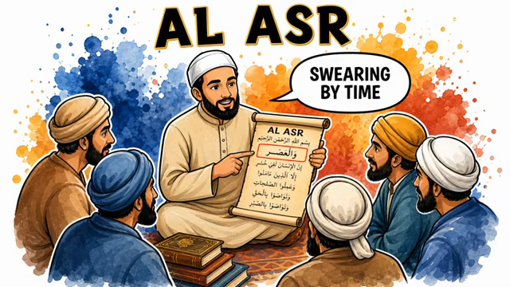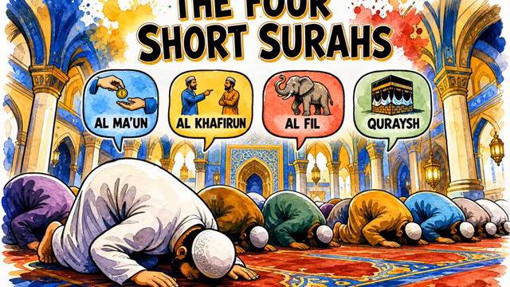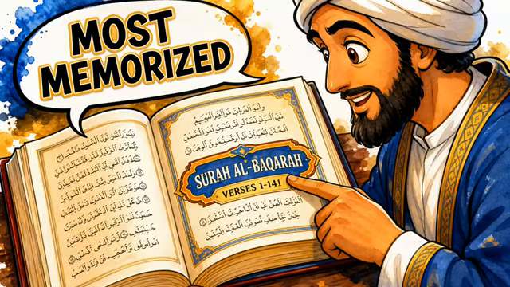Al-Falaq and An-Nas, the 2 chapters of refuge, recited every night for protection. Al-Kawthar, the shortest chapter in the entire book, 3 verses. Al-Asr, the tiny chapter swearing by time itself, which the early Muslims are described as reciting to one another before parting company, because it says everything essential about a human life in a handful of words.